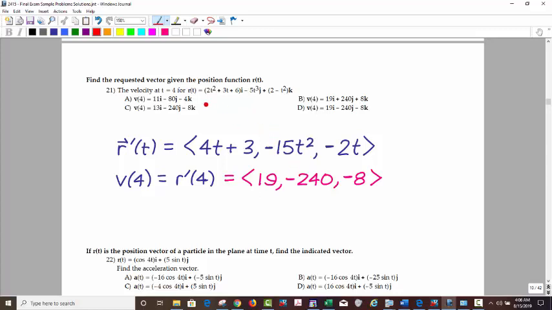And then plug in 4, negative 15t. So negative 15 times 16 is negative 240. And then, negative 2t, excuse me. Put in 4 makes that negative 8. So there you have 19, negative 240, negative 8.